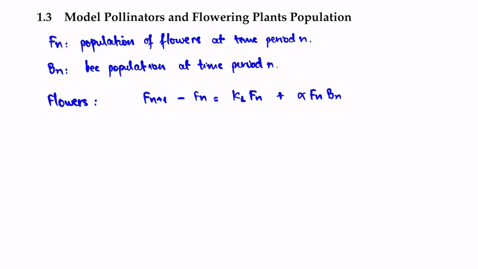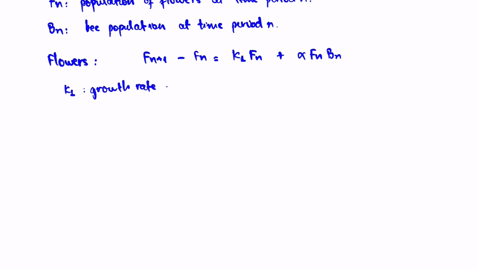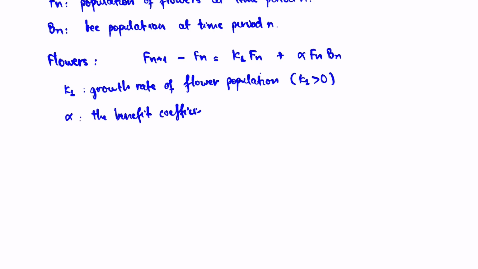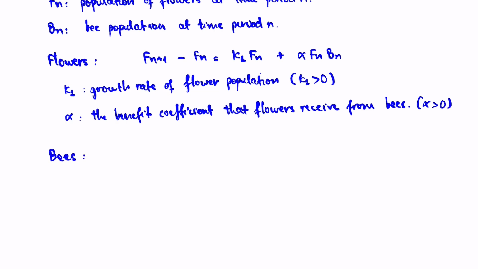Alright, so k1 is the growth rate of the flower population. And we assume k1 to be a positive number. And alpha, in this case, is the benefit coefficient that flowers receive from bees. And we also have to make the assumption that alpha is a positive number. So for bees, the bee population, B sub n plus 1 minus B sub n equal to k2 times B sub n.